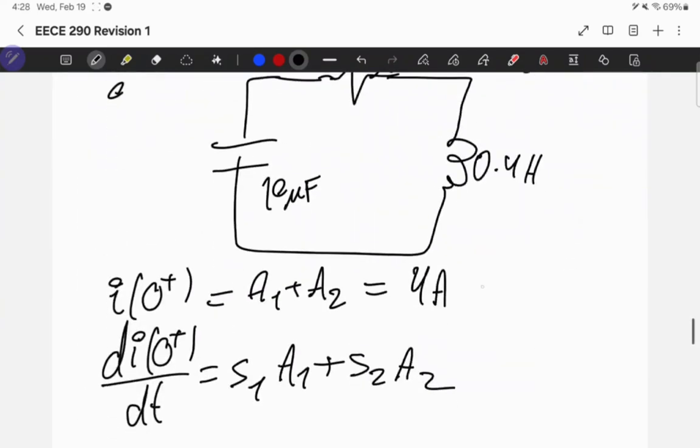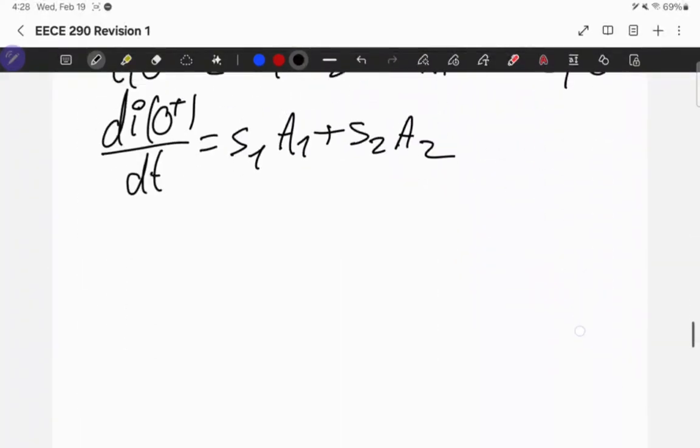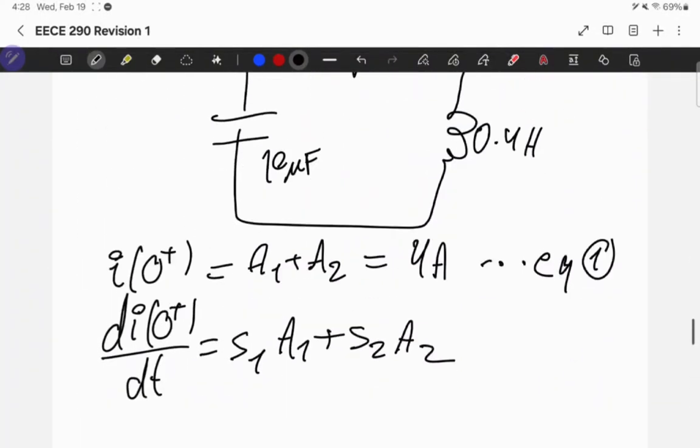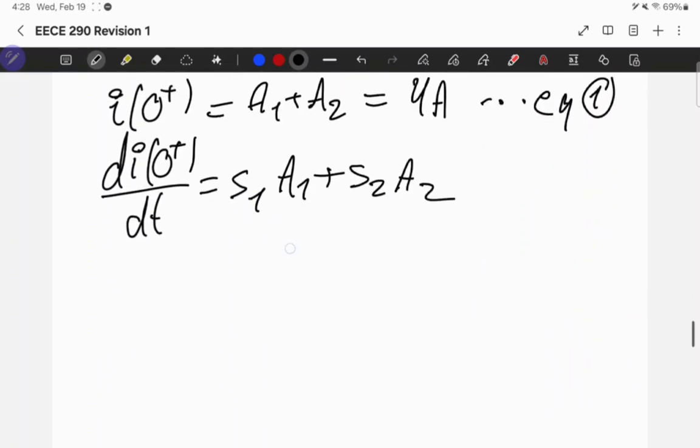That's equation 1 in my system. Now I need the derivative of this current at 0 plus. A good formula to start from is V equals L dI by dt, the voltage across an inductor.